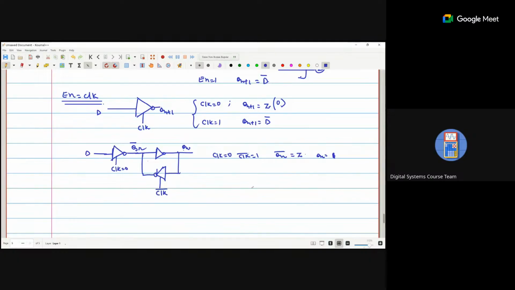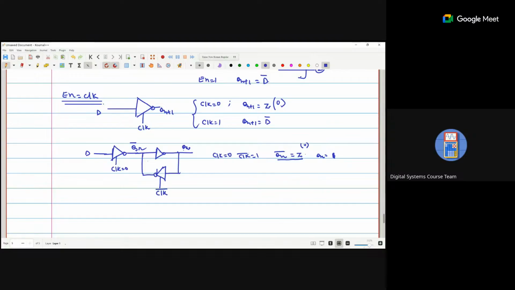Now Qn is 1, this flip flop works, so Qn bar is 0, and Qn bar is 0, that means with this NOT gate Qn is 1. When clock is 0, clock bar is 1, that means Qn bar is in high impedance state. In high impedance state, we can say we are getting 0 output. And this is a NOT gate, so we are getting Qn as 1.